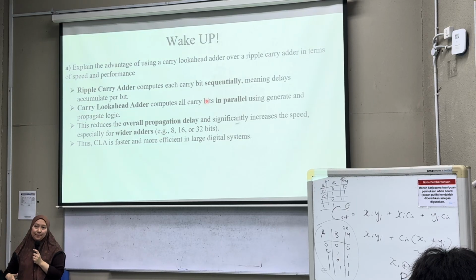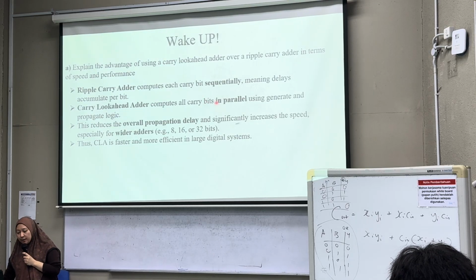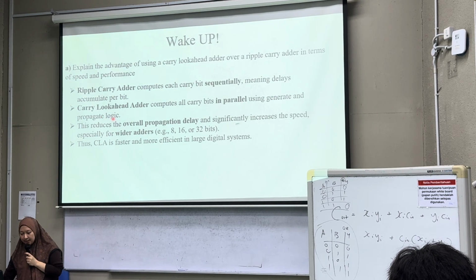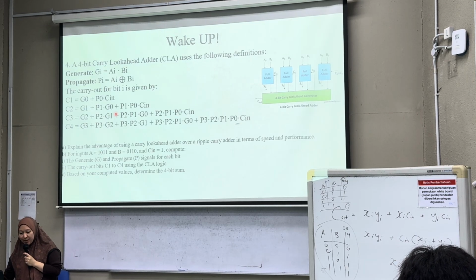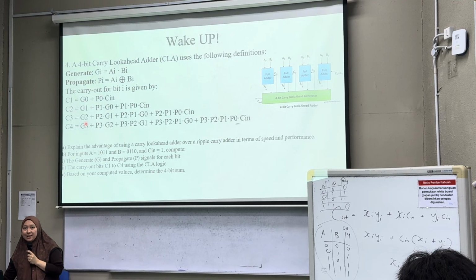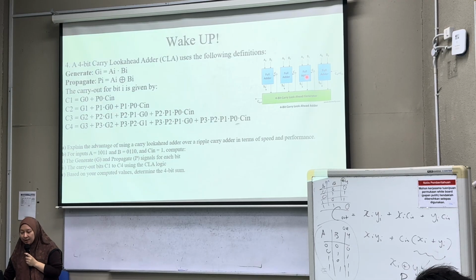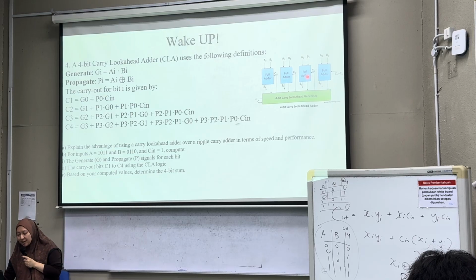It computes all carry bits in parallel using generate and propagate logic. If you look at this, it calculates all of C1, C2, C3, C4 at once. But for ripple carry adder, you have to bring the bit from one block to the other. One block is done computation, it goes to the next block. That is the disadvantage of the ripple carry adder.